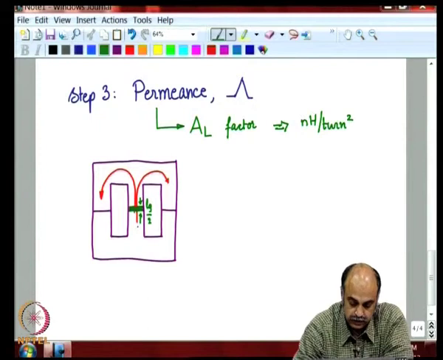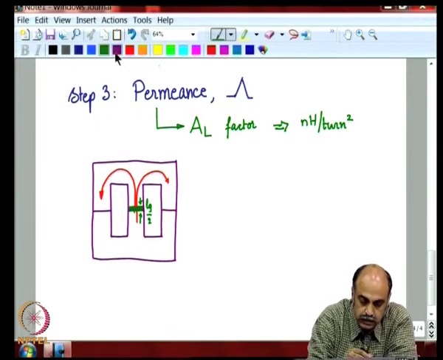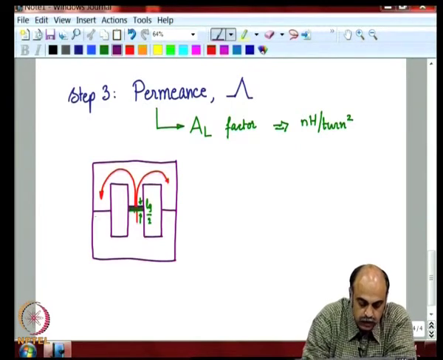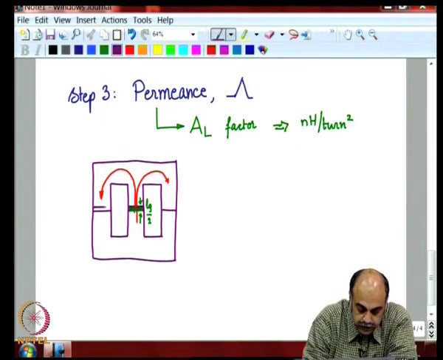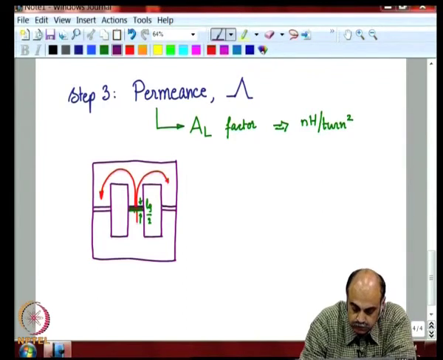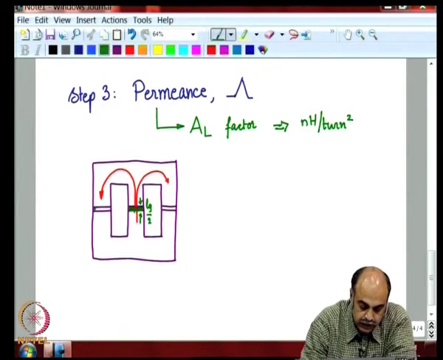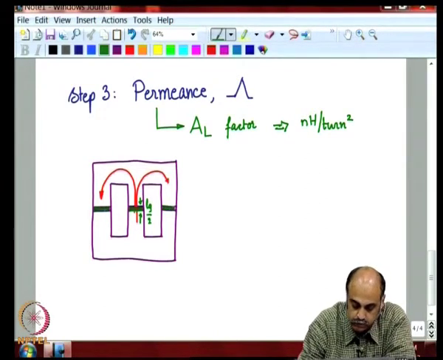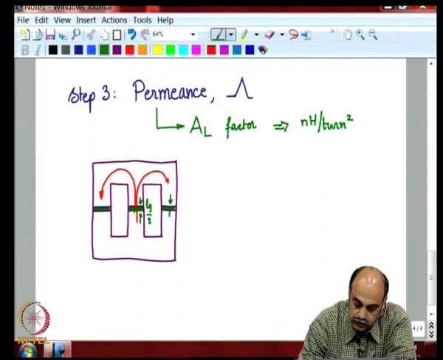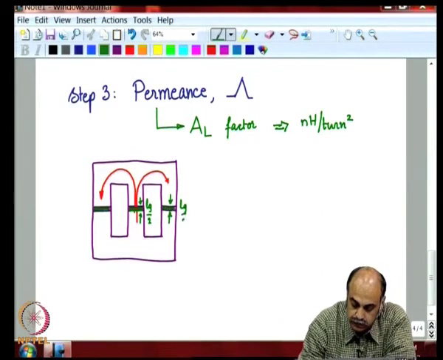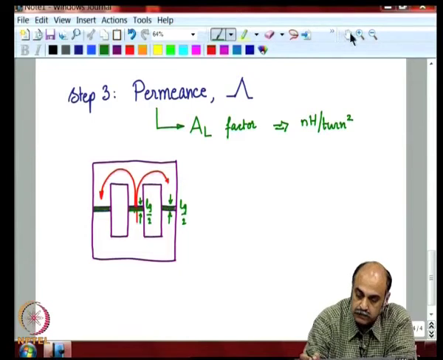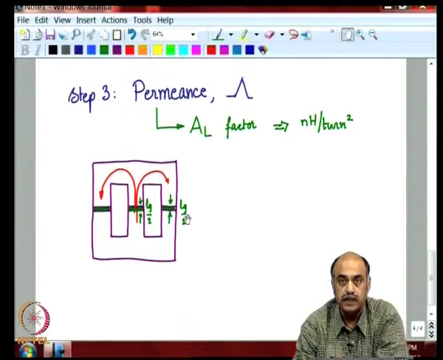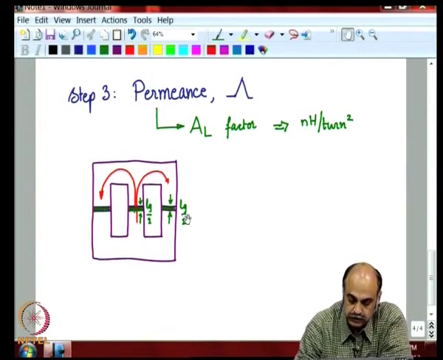The moment this is raised up, this also will raise up. So, there is a gap which comes through here, each having Lg by 2. But as the area of cross section of the outer limbs is half, they are together equivalent to 1 Lg by 2 amount of reluctance.